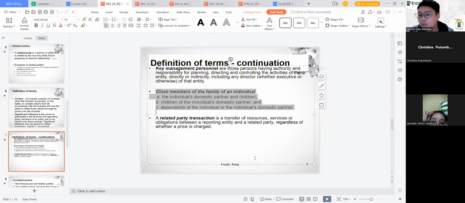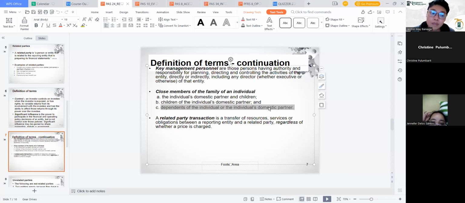So the said woman might have children already. Ito yung sinasabi sa letter B. Dependents pa rin niya or somehow close family members pa rin siya sa definition. Related party pa rin siya. Children of the individual's domestic partner and dependents of the individual or the individual's domestic partner. So as you can see, in short, direct family members are related parties.